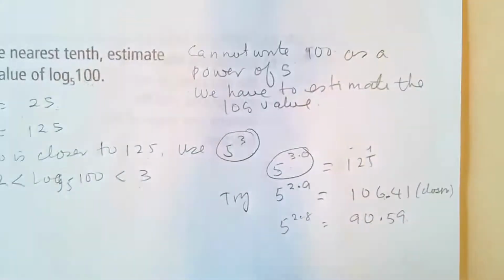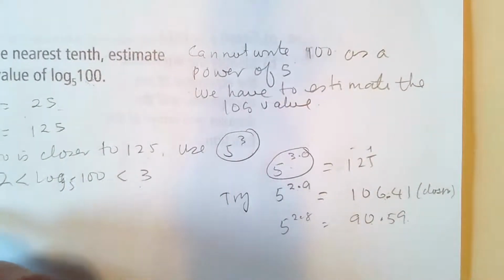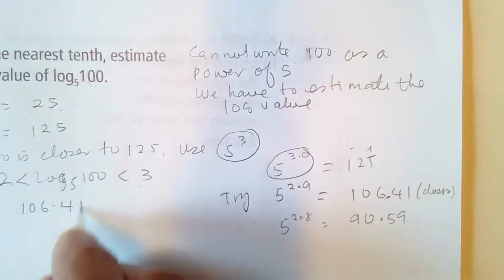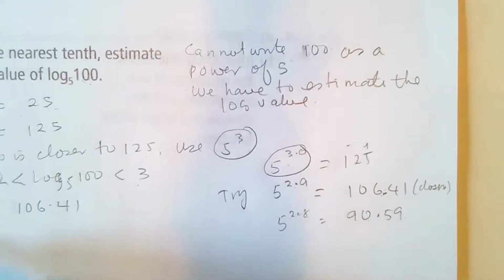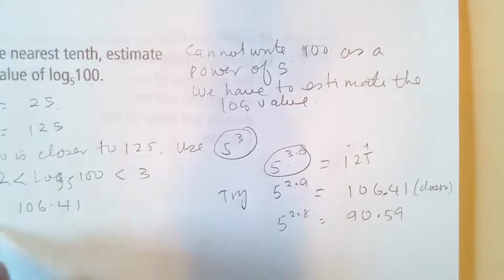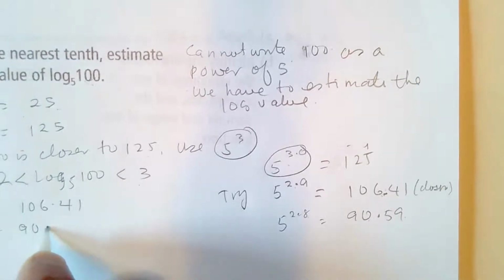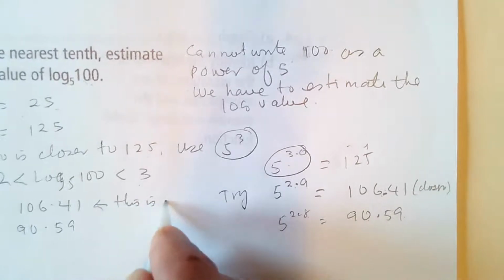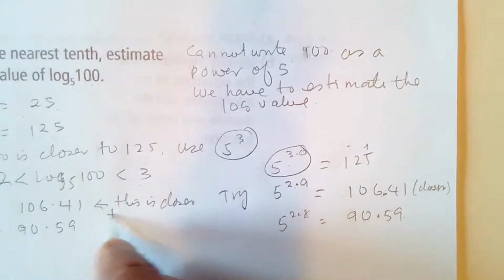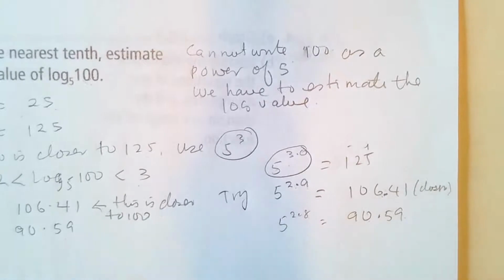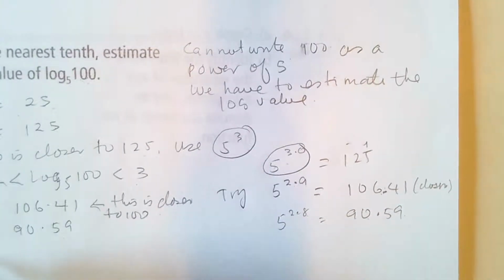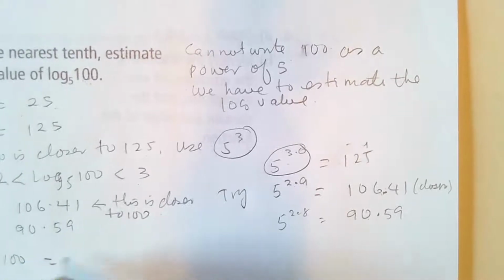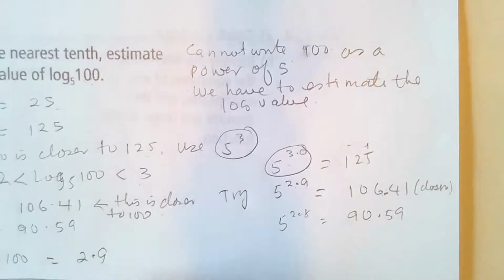So we can say here 5 to the 2.9 is equal to 106.41, and 5 to the 2.8 is 90.59. This is closer to 100 than this. So we can conclude log base 5 of 100 is equal to 2.9.